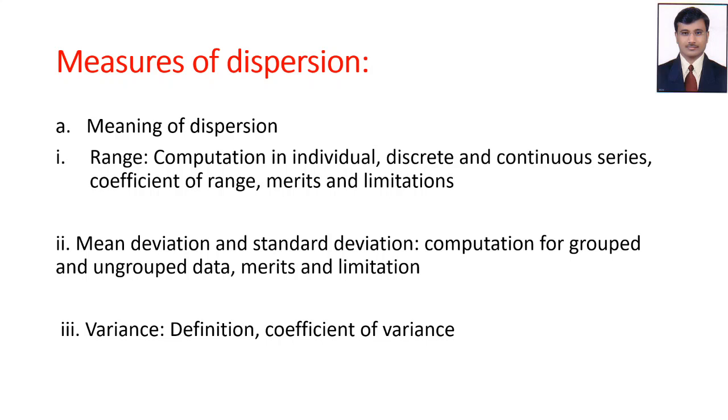Next point, measures of dispersion. In that point, we have to study meaning of dispersion. First, range: computation in individual, discrete and continuous series, coefficient of range, merits and limitation. This point we have to study in range.